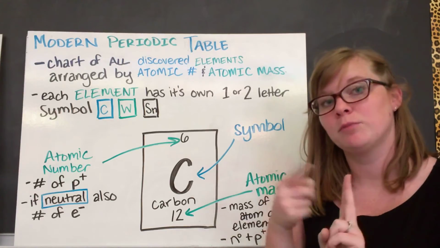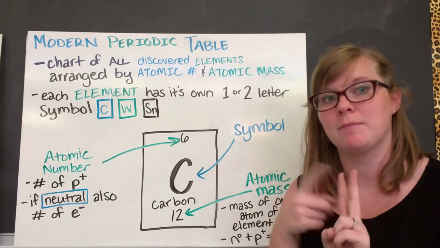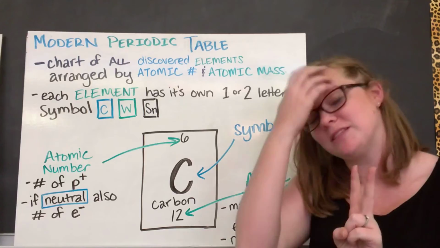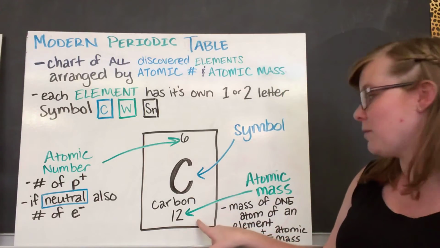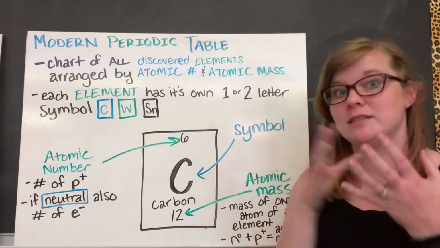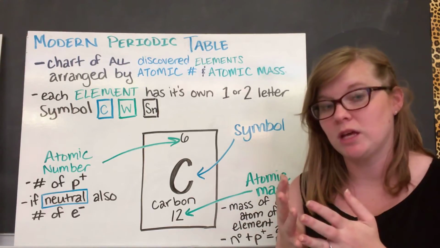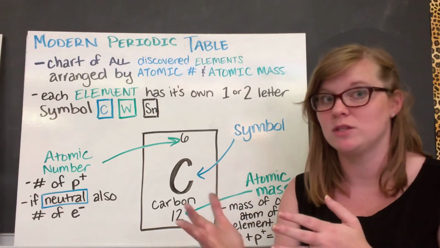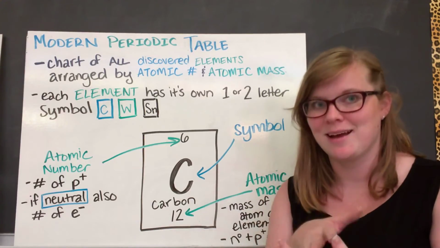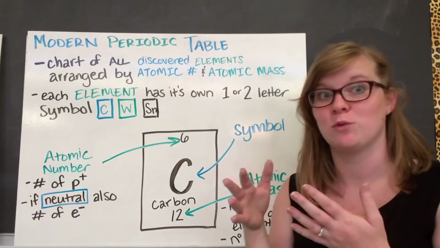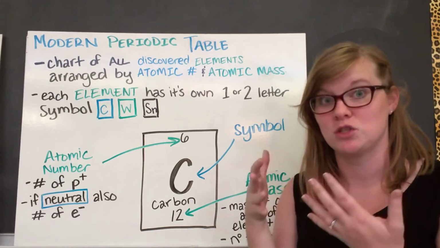Both neutrons and protons have a mass of 1 atomic mass unit, right? Which means if I have 6 protons and 6 neutrons, I'm going to have an atomic mass of 12, because 6 times 1 atomic mass unit gives us 6 atomic mass units for protons. 6 times 1 atomic mass unit gives us 6 atomic mass units for neutrons, and 6 plus 6 is 12.